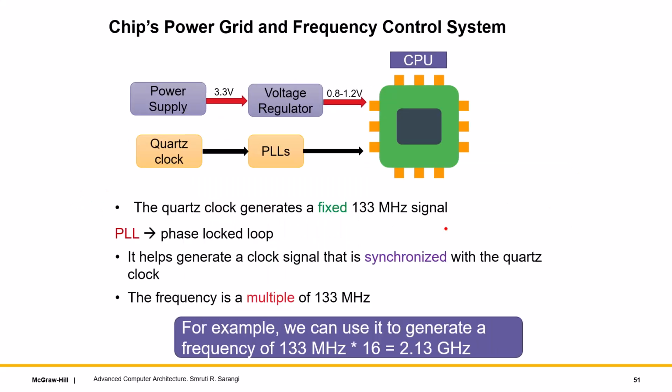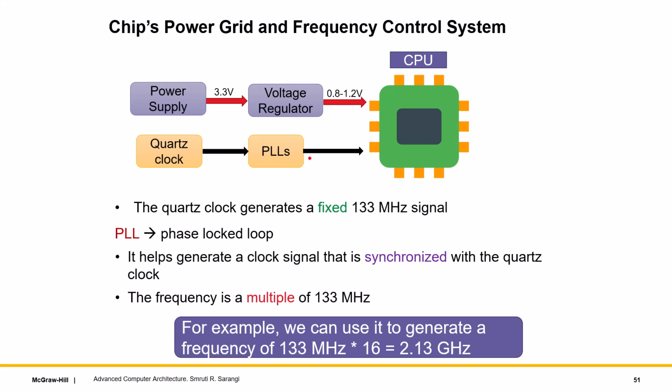Every chip has a power grid and a frequency regulation system. We have a 3.3 volt power supply typically, and a voltage regulator that provides voltages in the range of 0.8 to 1.2 volts. And then we have a quartz clock. The quartz clock will generate a fixed 133 megahertz signal, and the PLL is a frequency multiplier on top of this quartz clock.